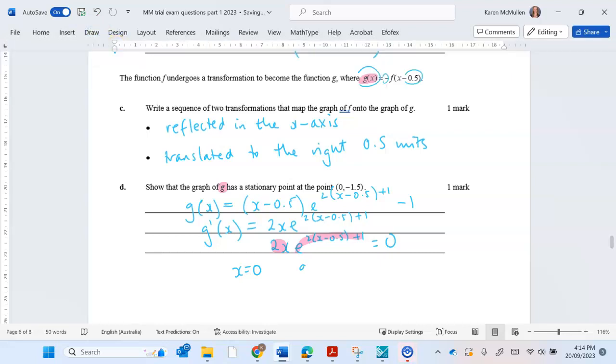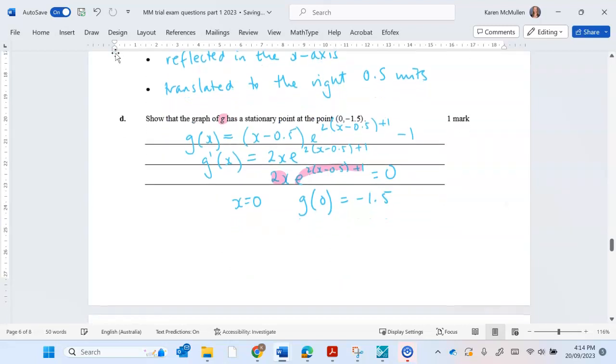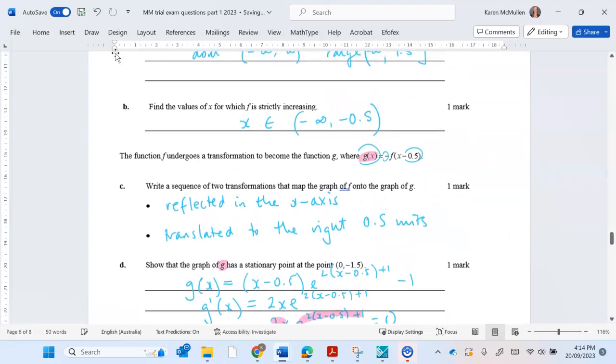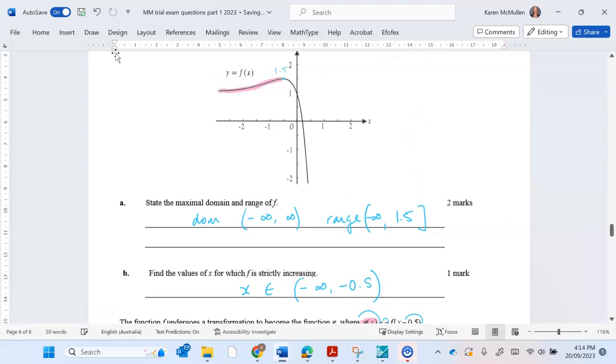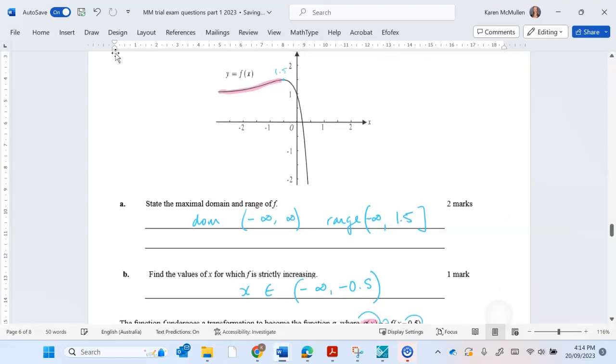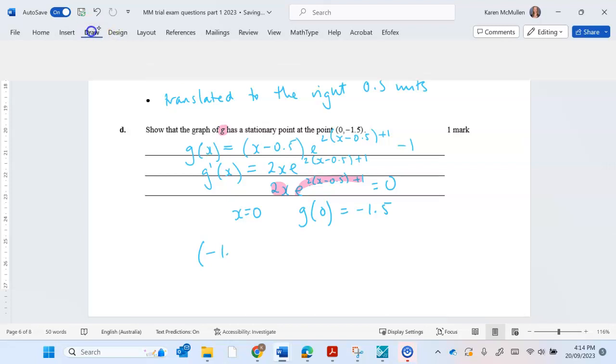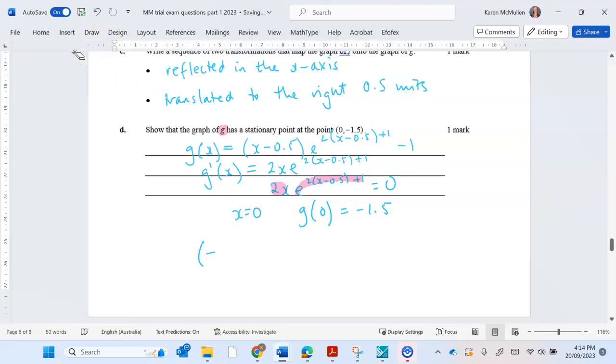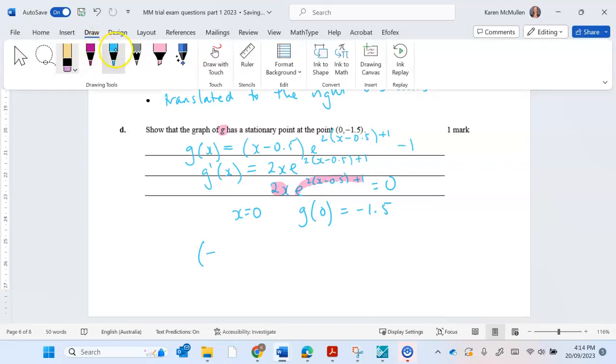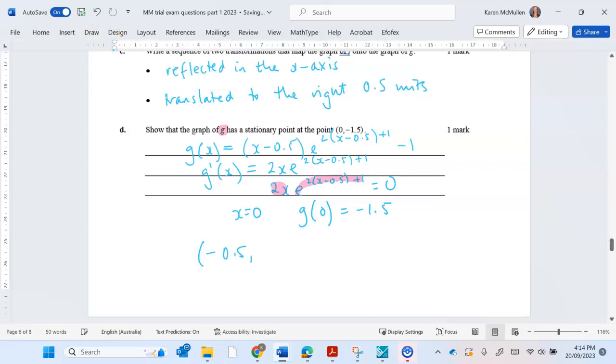And then g of 0, I'm just going to be cheeky and put that in. Now, if we use mapping, I'm curious to know what they did on their solutions. So we've got negative, and I've already written it incorrectly, so I'm writing the stationary point for the initial function. So negative 0.5, negative 1.5.